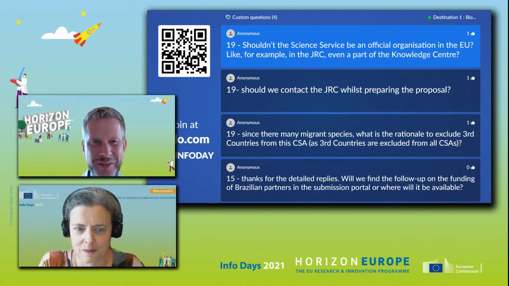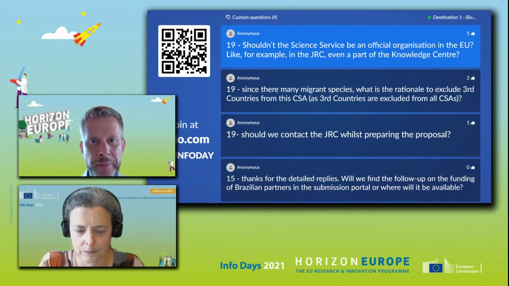So indeed, the Science Service should feed into the Knowledge Center for Biodiversity. And that Knowledge Center is hosted by the JRC, and this should be explicit in the proposal. What we do with having such a project, we tap into the mobilizing and flexibility possibilities of science policy consortia to start and develop this service, which will then complement the possibilities of the official organization within the EU.